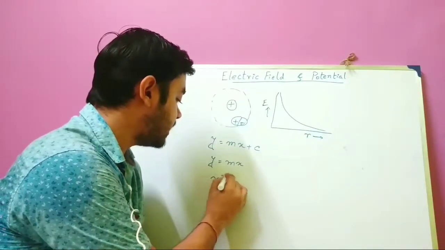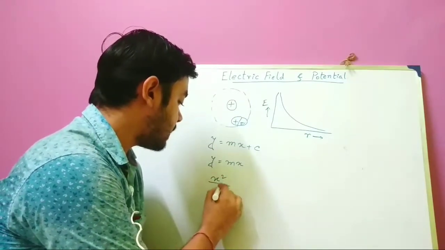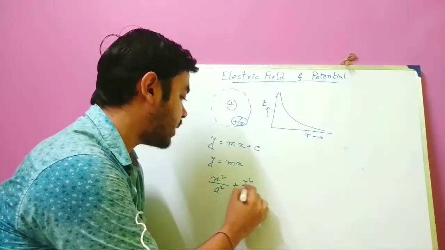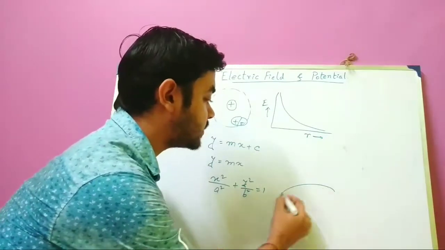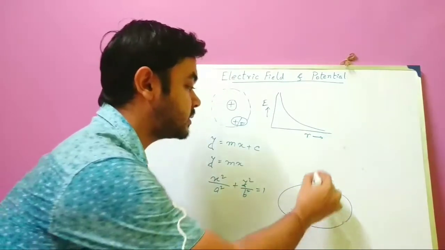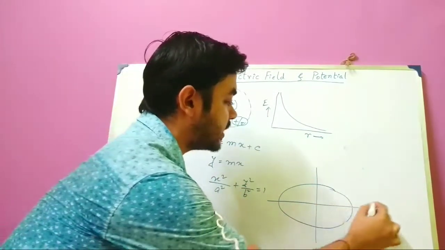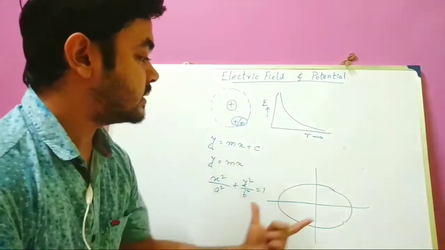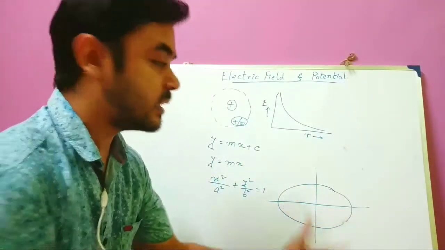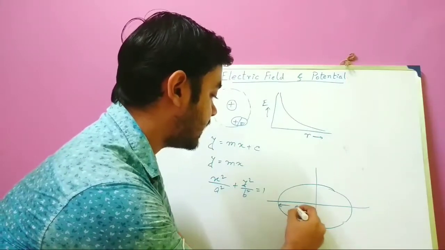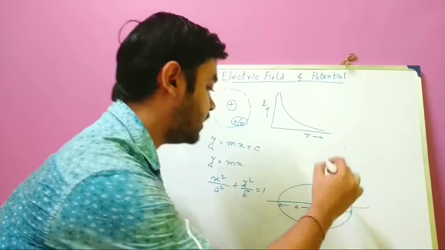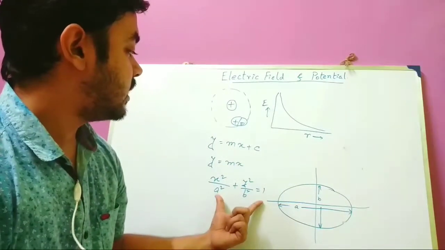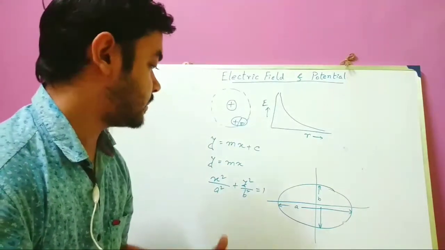The equation of an ellipse is x square by a square plus y square by b square equal to 1. Because we know for an ellipse, this is the diagram of an ellipse. It has two radii. This is the semi-major axis A, and this is the semi-minor axis B. Okay, so this is the equation of an ellipse.